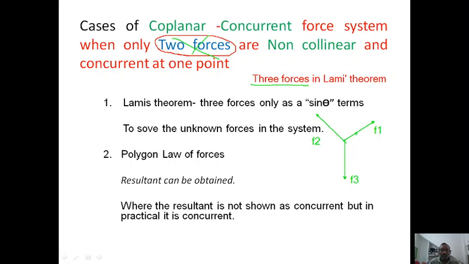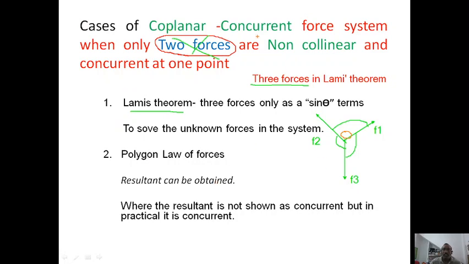You can see there is some angle between the forces, and here also some angle between the forces. So this Lami's theorem basically describes the three forces which are concurrent at a point O, and in a plane.